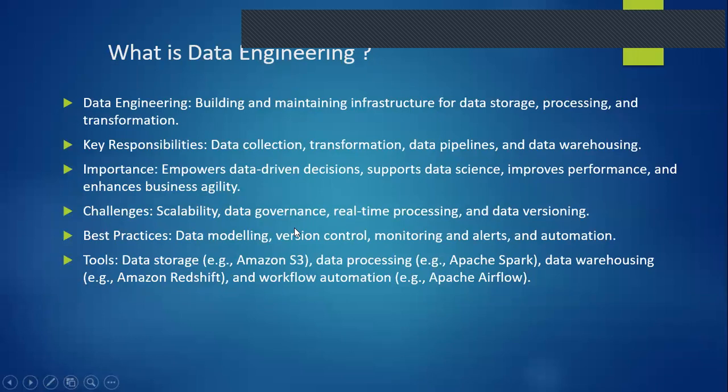As a data engineer, the responsibilities that lie on our shoulders are how we are going to collect the data from various sources, how we are going to process the data, and how we are going to load the data back to any target. Target can be a file for me, or a table sitting in a database or a data warehouse.